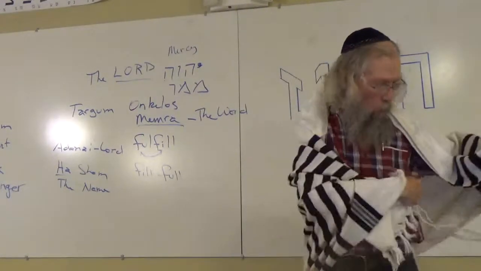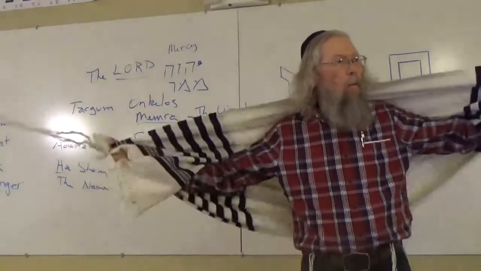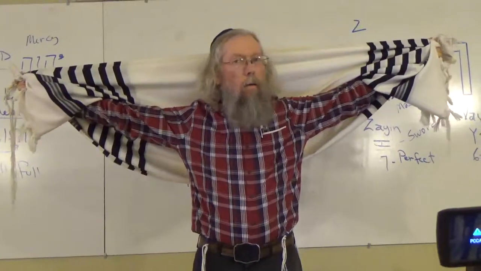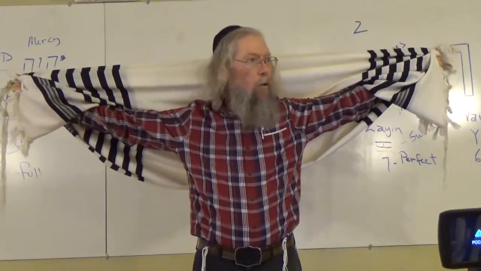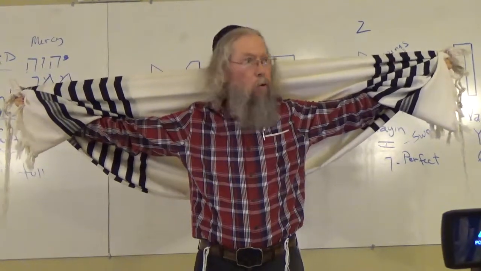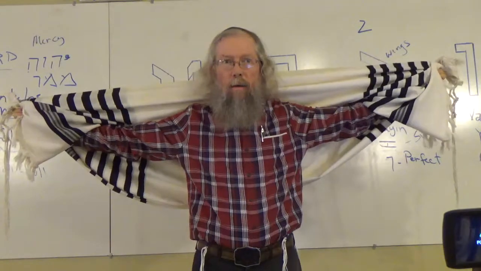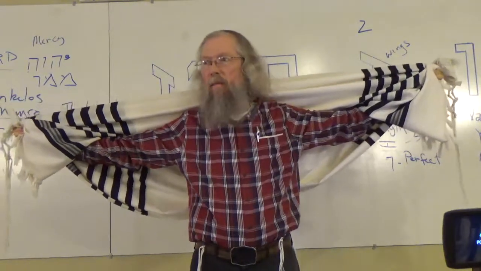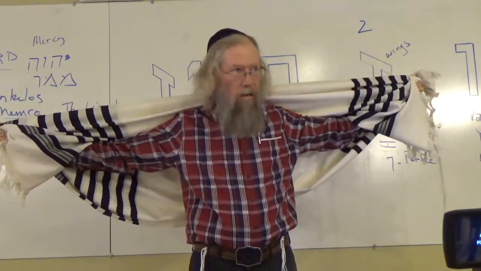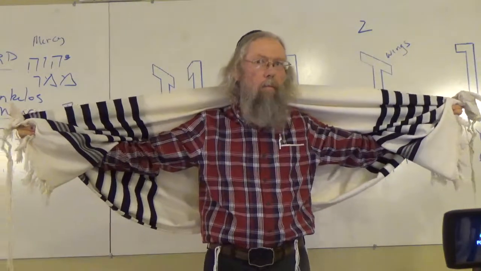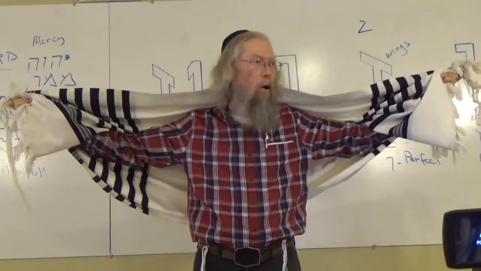Because it's not like a shirt where it's seamed here and seamed here. This is for the covering of the head. And remember that the Roman soldiers did not wish to tear it or cut it. So rather, what did they do? They cast lots. They gambled for it to see who would win it. It was his talit that they were arguing over.